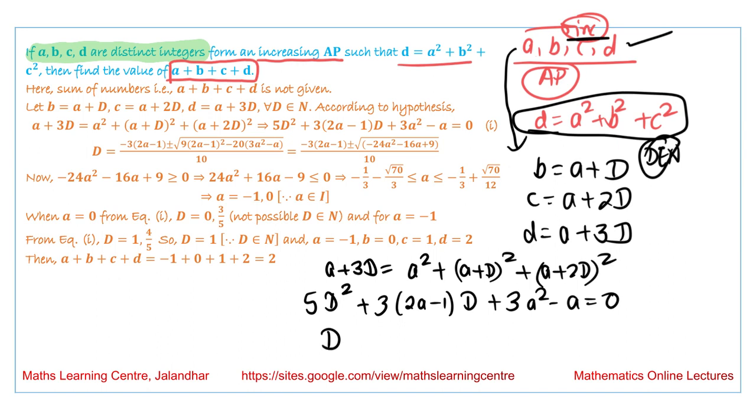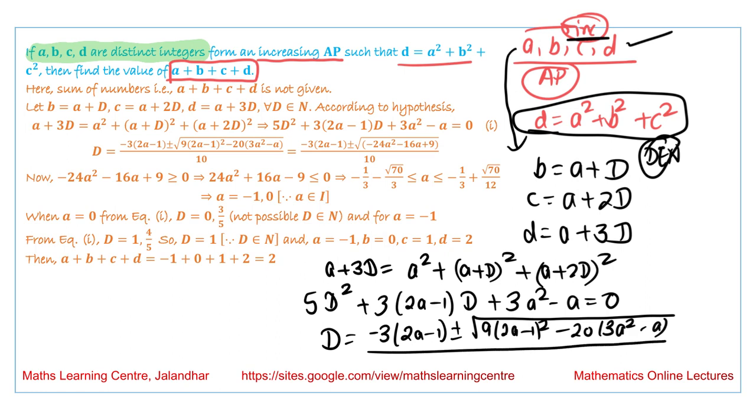Now on solving this, we will obtain the value of D is equal to minus 3 into (2A minus 1) plus minus square root of 9 into (2A minus 1) square minus 20 into (3A square minus A), and whole divided by 10.